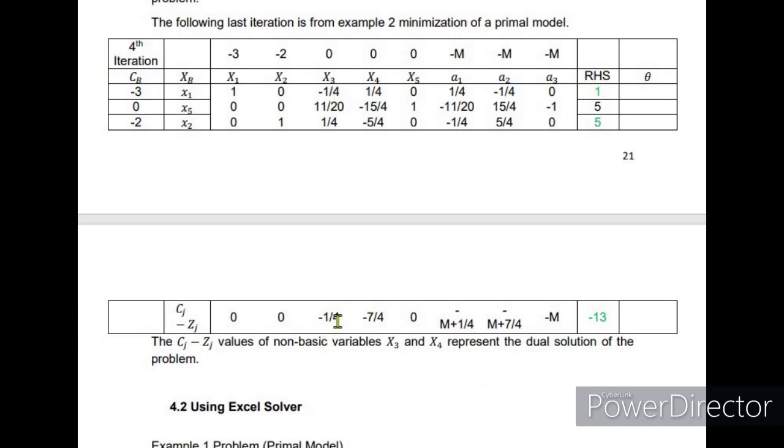Okay, negative 1/4 or 1/4 is the equivalent of y sub 1 here for the second problem, and 7/4 is the equivalent of y sub 2, and y sub 3 is equal to 0. Okay, so why is it equal to 0? Because again, you notice that there is a slack variable present in the solution, so that's what it implies.